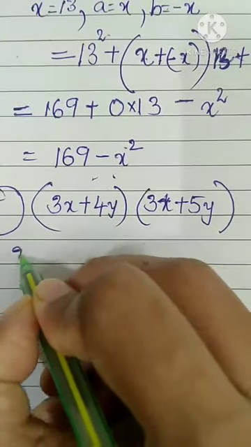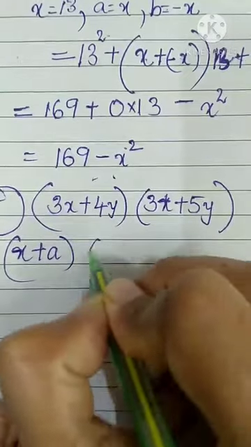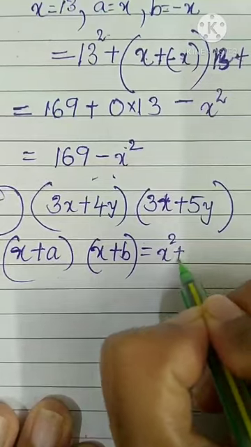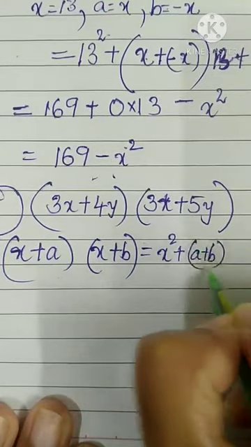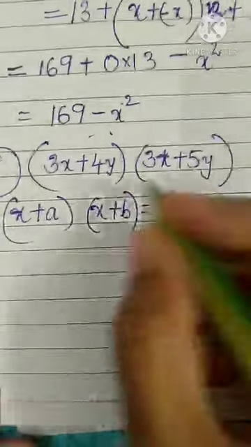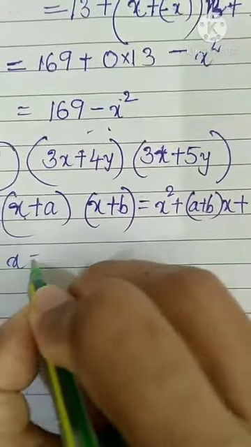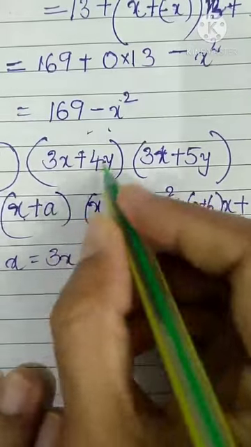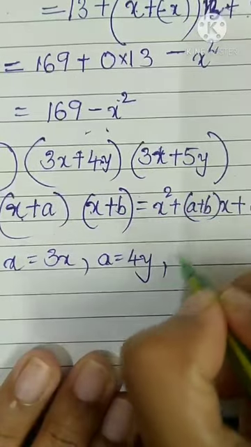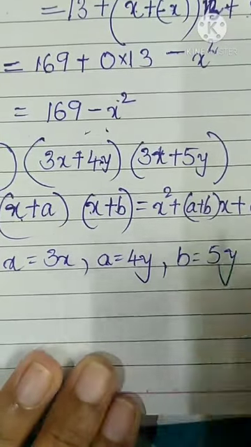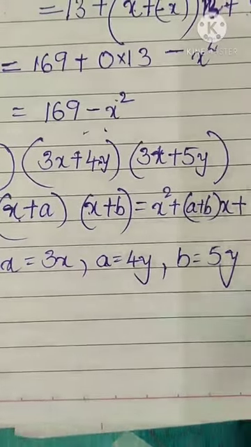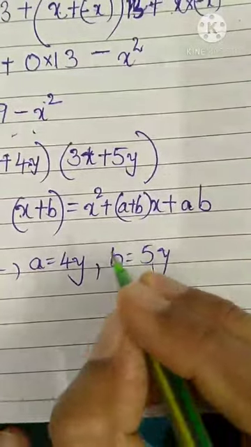So compare with the formula x plus a, x plus b is equal to x square plus a plus b x plus ab. Compare. X is 3x, a is 4y, x is 3x same and b is 5y. This will be very easy because there is no minus sign. Very easy to get. So quickly let's solve. Get the answer before me and check.